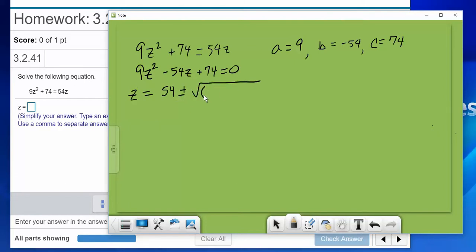Now again, normally I would just type all this in my calculator and write the answer down. So that's b squared minus 4ac all over 2a. So 2 times 9 is 18. Okay, so I'm going to punch this all in my calculator.